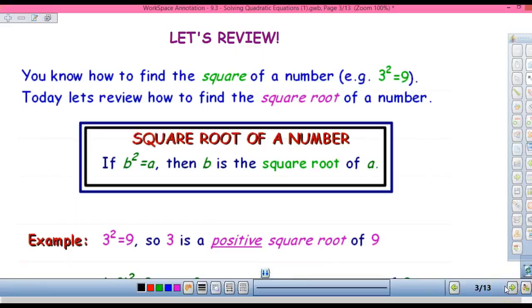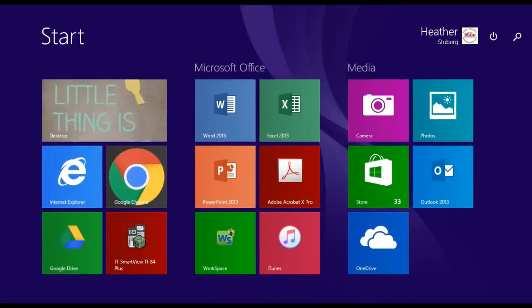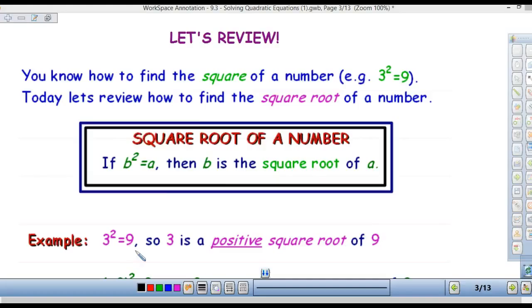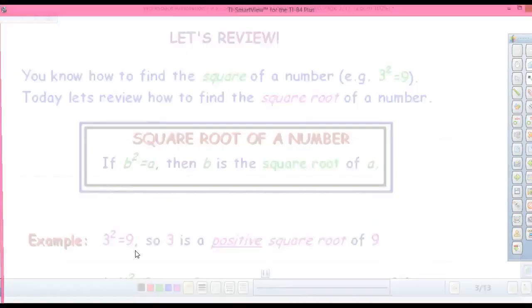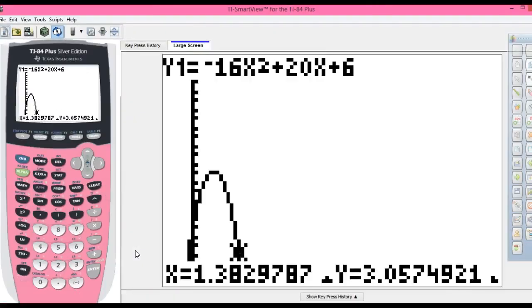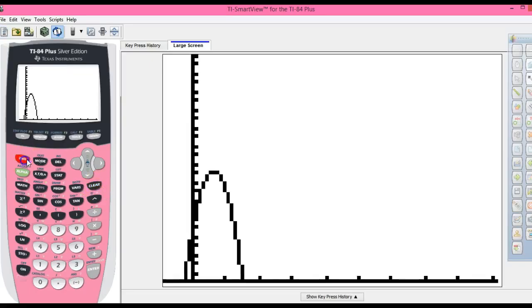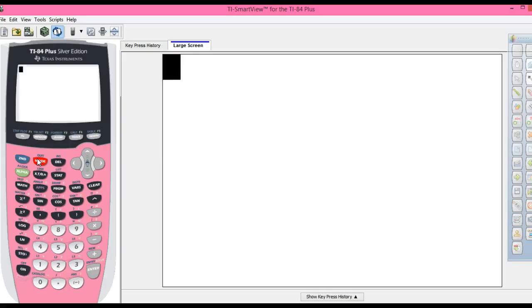taking the square root of your number. Grab your calculator. All right, do we all know where the square root button is on here?